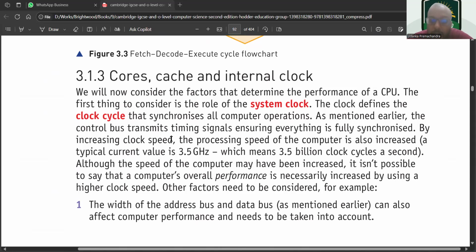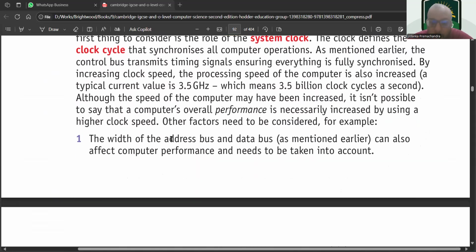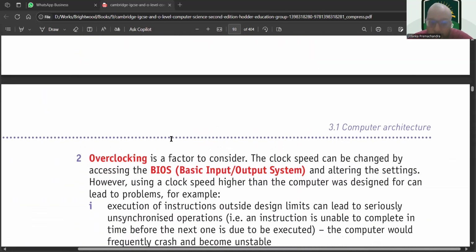Other factors need to be considered, for example the width of the address bus and the data bus, which we already considered.